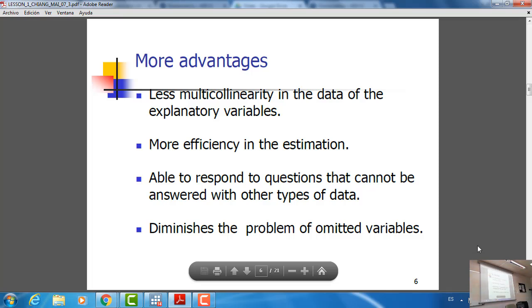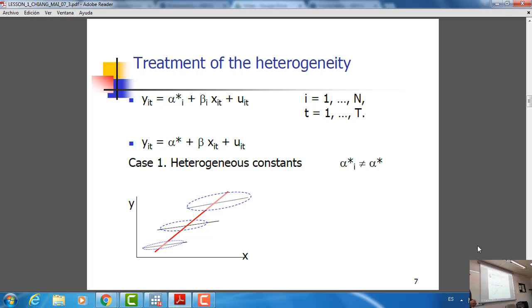The idea is some variables are omitted, but those variables can be, in a sense, treated by taking differences. So differencing is going to be a very important way of treating the data.